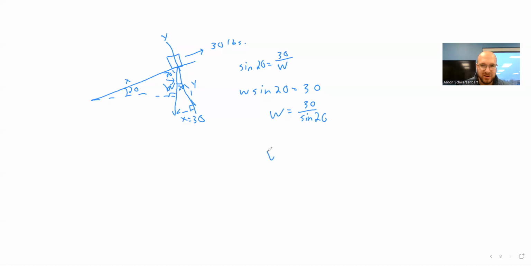And that gives me a weight. Since this is a weight, this is perfectly straight down, 87.1 pounds. If I wanted it in vector form, it would be 87.71. And that is the end of section 6.1. So this is my weight.